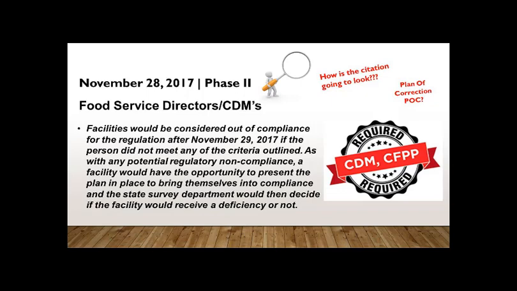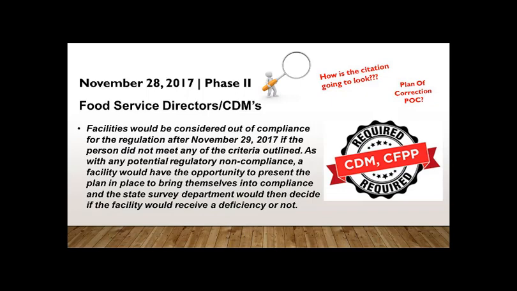So if you're not a CDM and you need to be, and you're not under that 5-year, I don't want to call it a grandfather, but if you're not in the 5-year clause based off of your hire date in your facility, then you're out of compliance. You are considered to be non-compliant with the regs. So that's a given. There's no discussion. You can't provide the documentation, you're non-compliant.